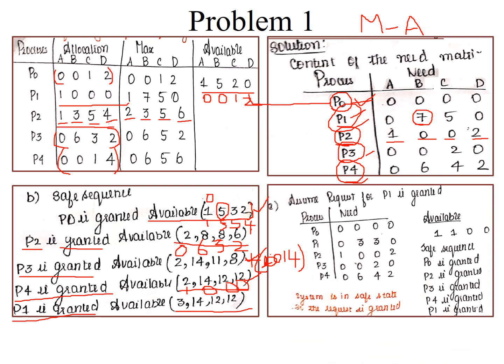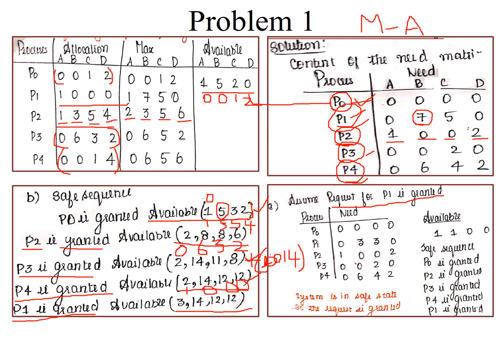Then the third question was: P1 is making a request, so whether to grant it or not. Assume that the request for P1 is granted. If that is the case, from the availability you are providing the request.